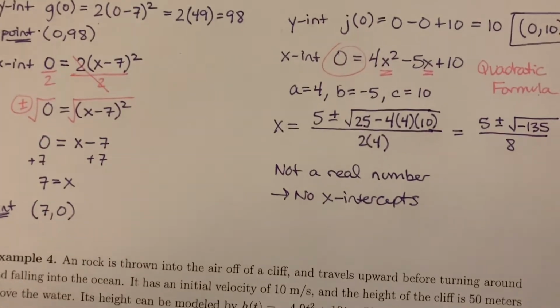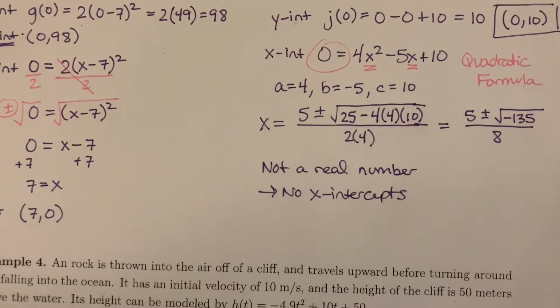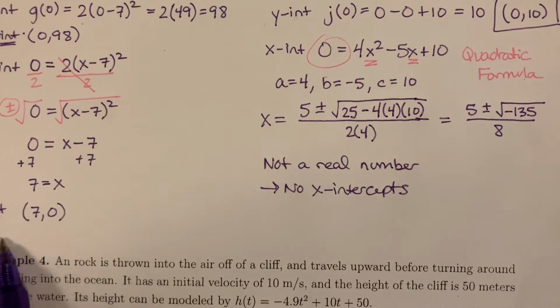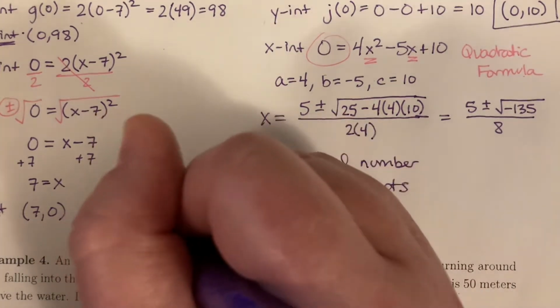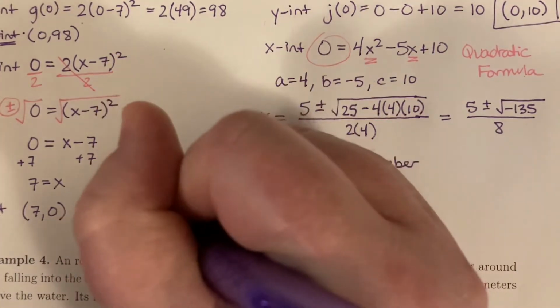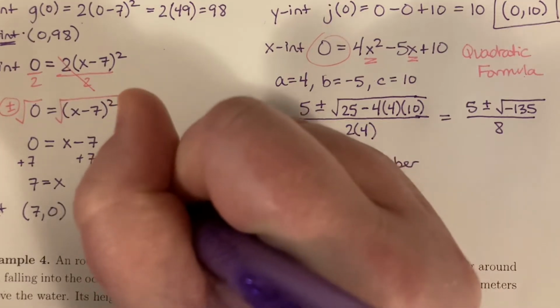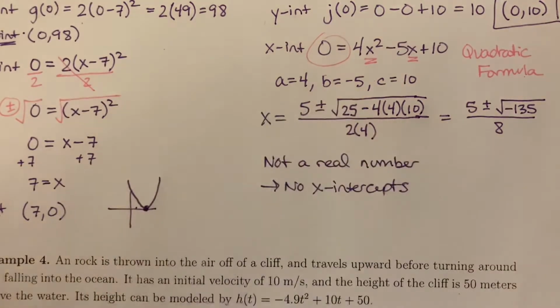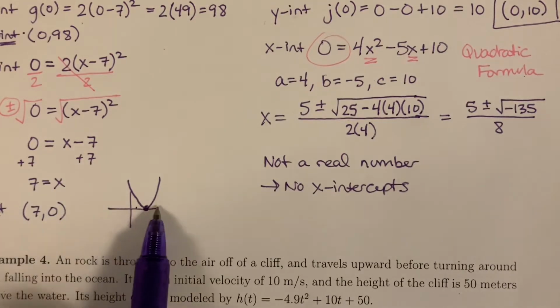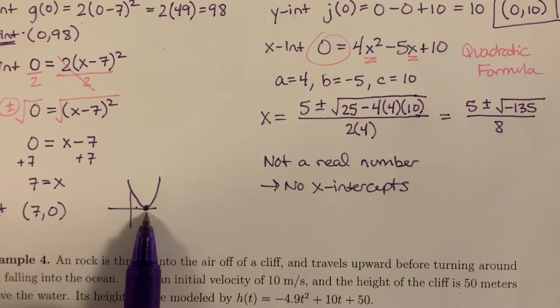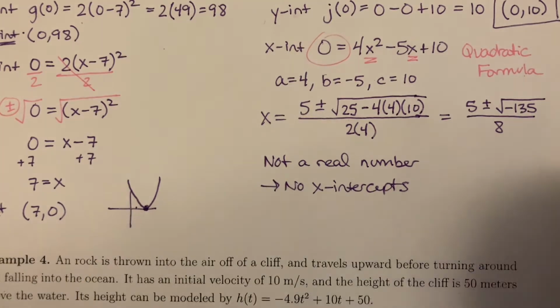So the two problems we just did give us a couple interesting examples, because on the previous page, we always got 2 x-intercepts. This one, we only have 1. Let me just say that this is 7, 0. So what that means, if you only have 1 x-intercept on a parabola, is that the graph just sort of barely touches, and that x-intercept is the vertex.